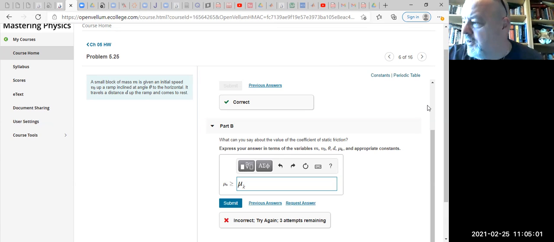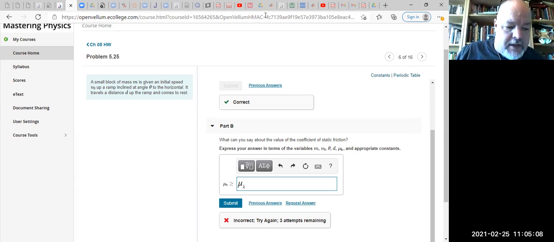mg sine theta. Let me write it on a piece of paper here. So let me turn my document cam on. So what we have is an inclined plane, angle theta, and the block was moving up with a velocity v0, and then it came to rest, let's say, up here.